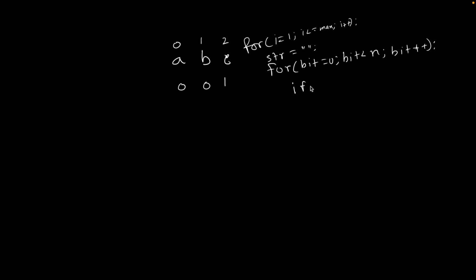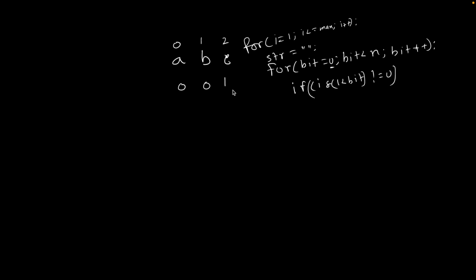Now here we check i and, this is a bit manipulation, the bitwise AND operator, with 1 shifted left by bit. If this result is not equal to 0, that means at this index we have a set bit, that means we have 1.